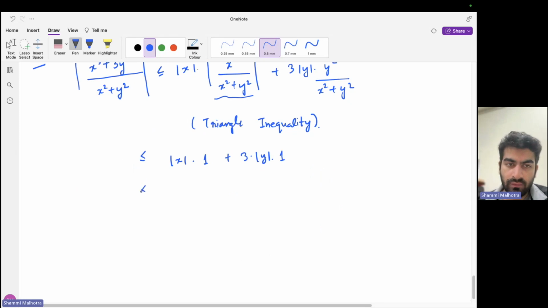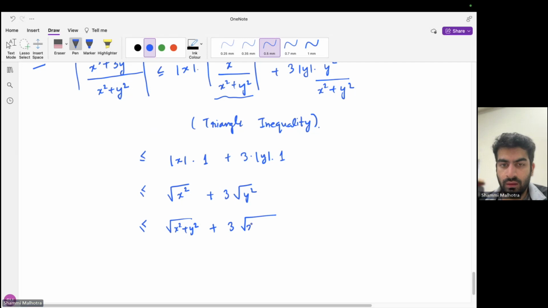And again, this mod x can be written as under root of x square, and 3 under root of y square, right? And this is less than or equal to x square plus y square, and this is thrice times x square plus y square. This is 4 times under root of x square plus y square.